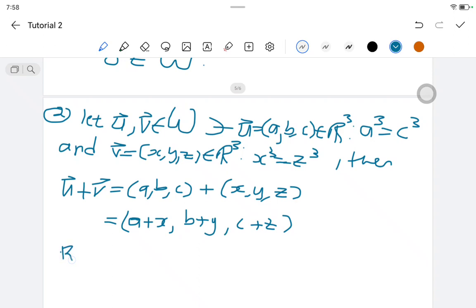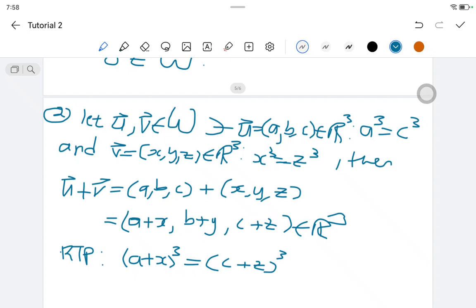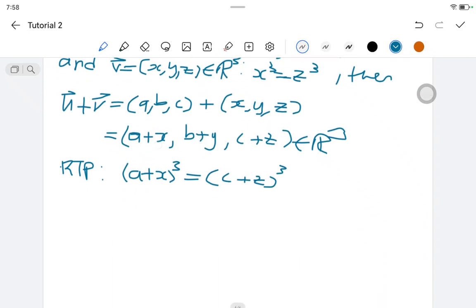Now, since this is an element of R3, we are required to prove that when I take the first element and cube it, it will always be equal to the last element cubed. You see that? So I can try to prove this.